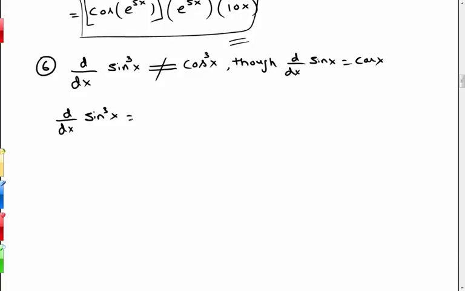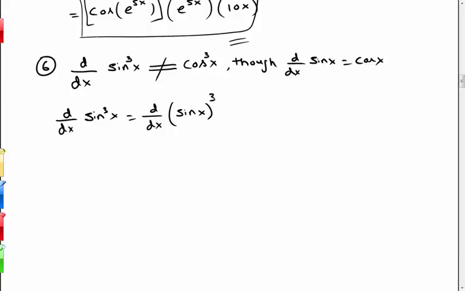The way you interpret any trig function which is raised to a power other than 1, such as this one, is like this. Sine cube x, do you agree it's the same as sine x the quantity cube? So you must either write it that way, or think of it in your head that way.